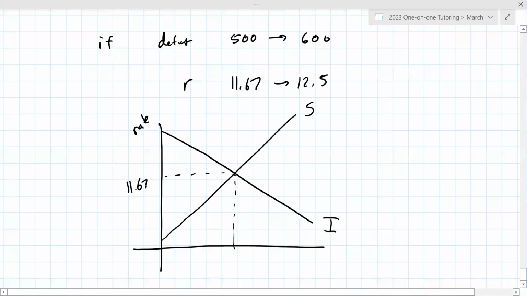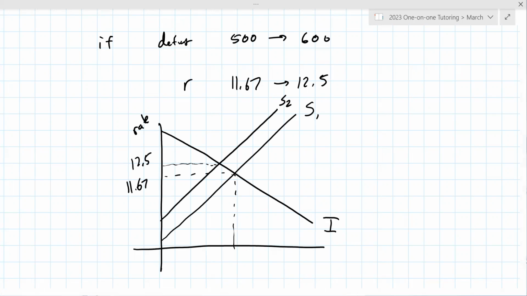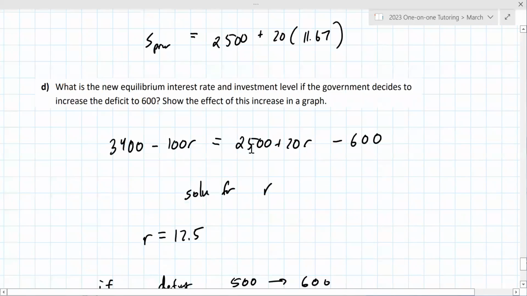They're saying that this S moves up, that new equation, causing the interest rate to also rise to 12.5. Got it. And is the S national savings or private?